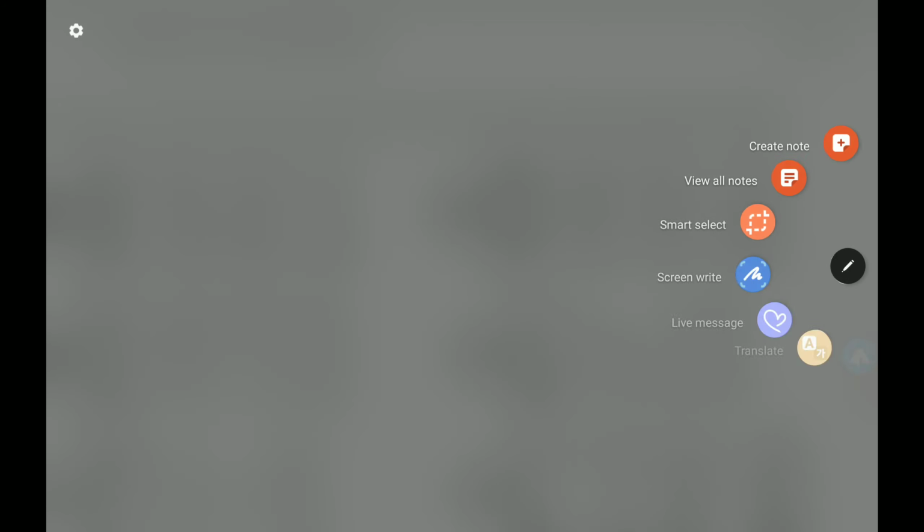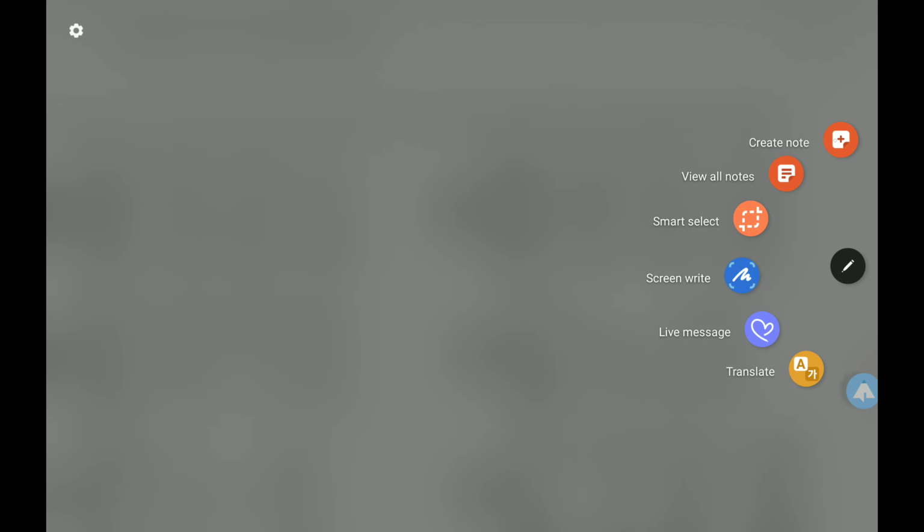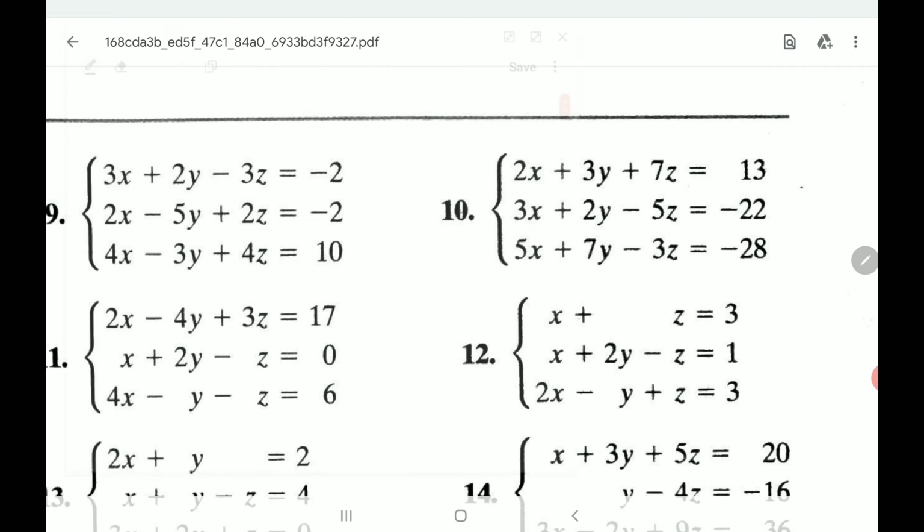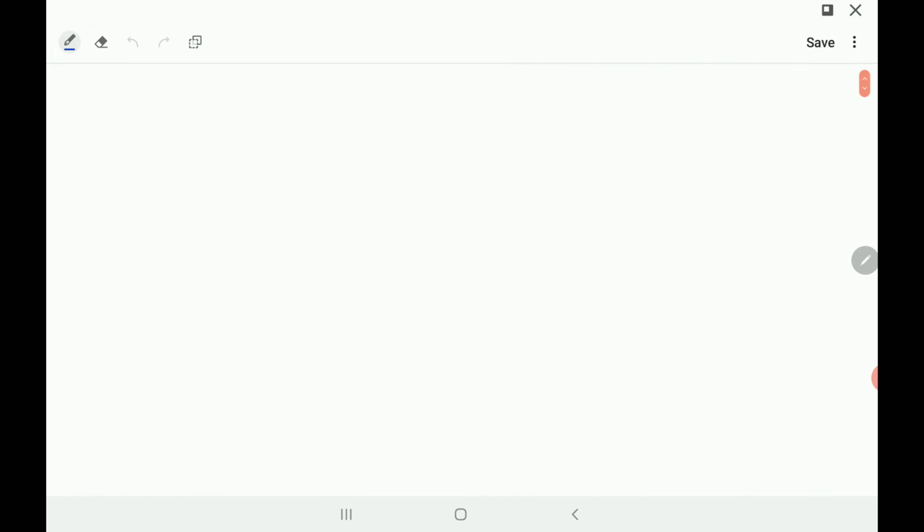So let's make a note. I have it off to the side here, so I can just write it over here. I'm just going to make a big note. Just go ahead and send it all out so I can make this easier. Number 10 has 2x plus 3y plus 7z equals 13.